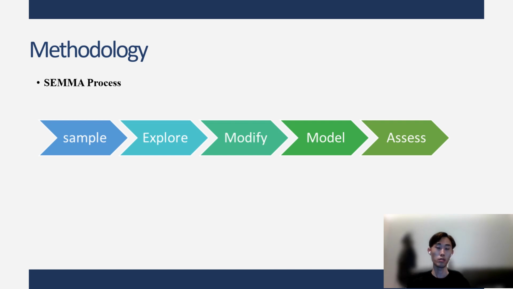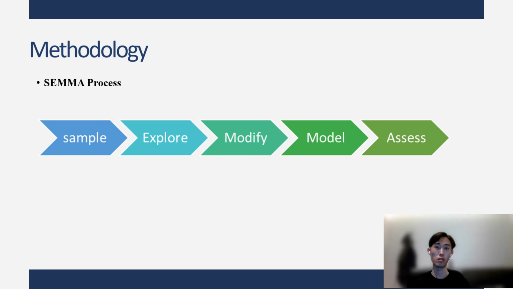The first phase is Sample, which involves selecting a sample dataset for analysis. We identified a dataset on the term deposit status of the bank customer. Variable roles and the measurement level are then defined. The second phase is Explore, which involves exploring the data to identify patterns, trends, and relationships.